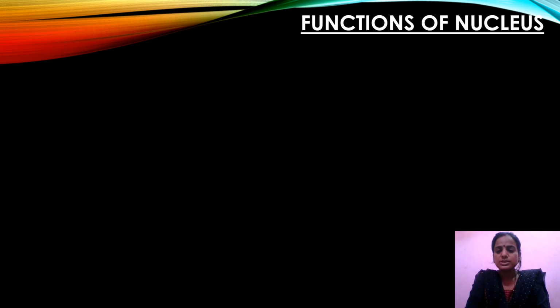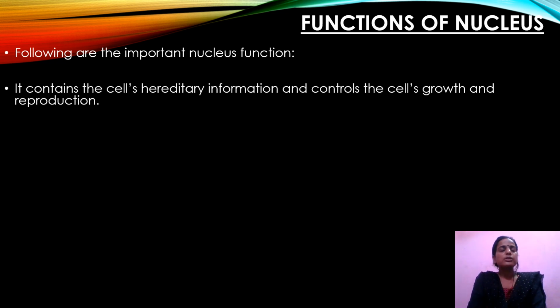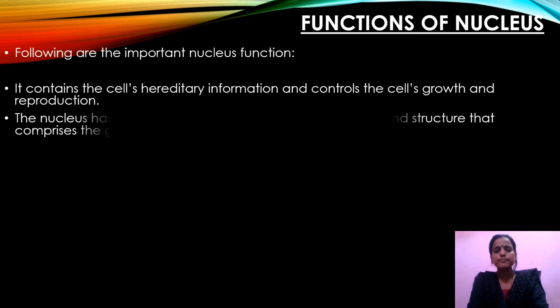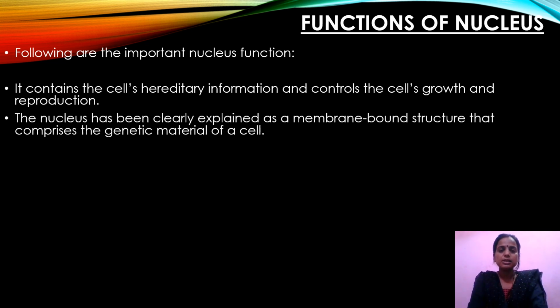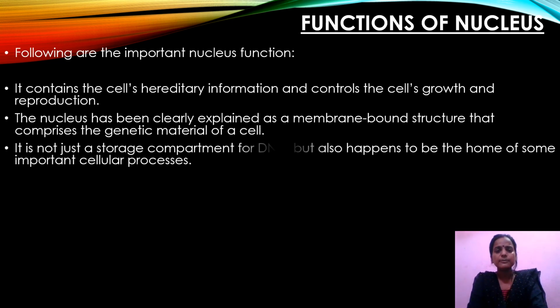Let us now see, last but not the least, the functions of the nucleus. These are the most important functions of the nucleus. It contains the cell's hereditary information and controls the cell's growth and reproduction. The nucleus is a membrane-bound structure that comprises the genetic material of a cell.